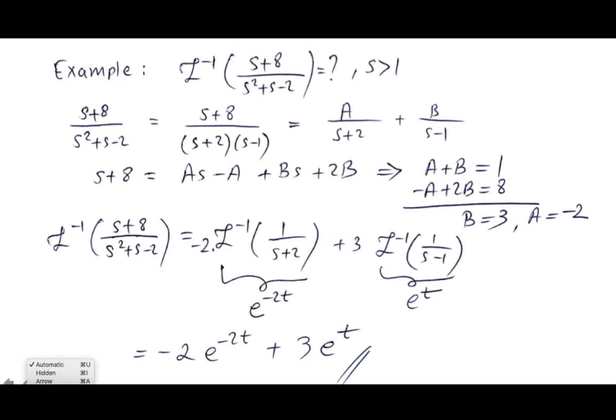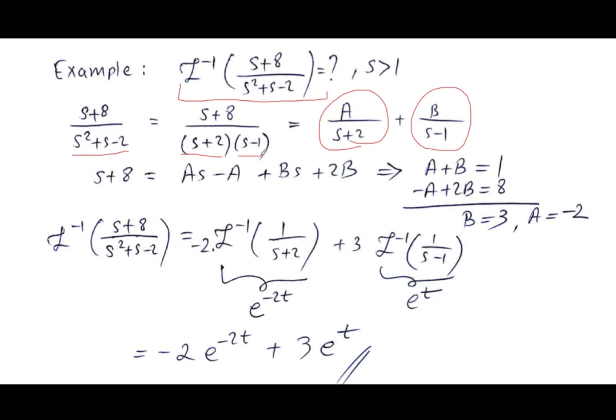Now, in this example, we are given a fractional expression in terms of s. Remember, for these types of expressions, it is always easier to work with more basic fractional expressions. We can see that the denominator is s plus 2 times s minus 1.